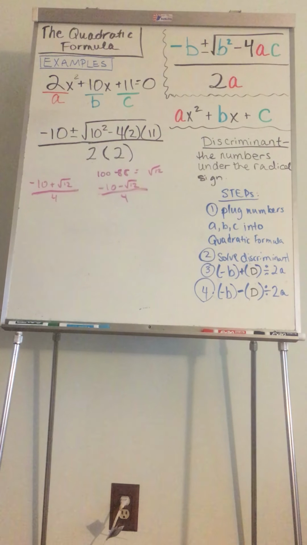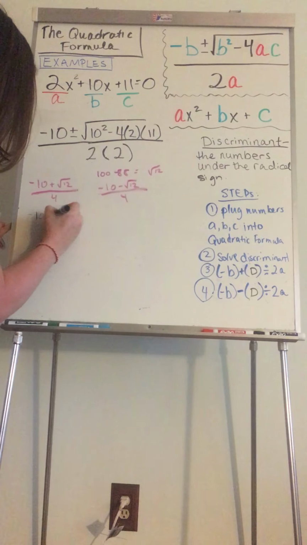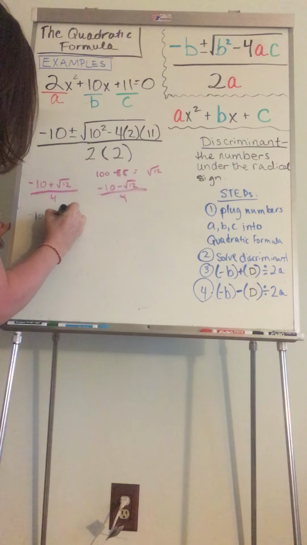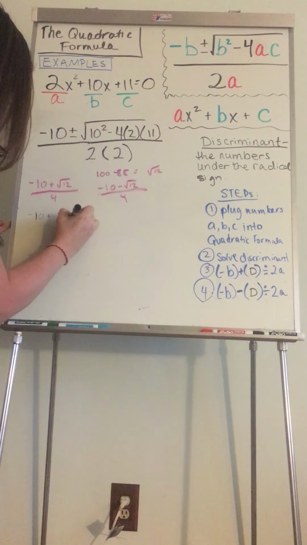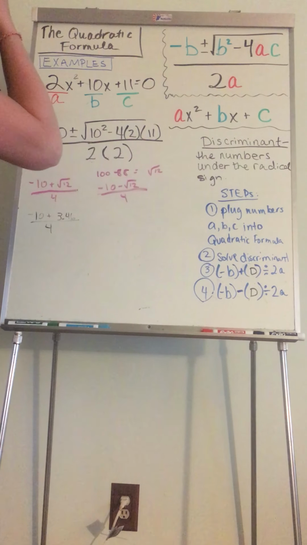What that simplifies to is this. The square root of 12 is approximately 3.46. You may use a calculator with this, that is okay. So I have then negative 10 plus 3.46 divided by 4, okay?